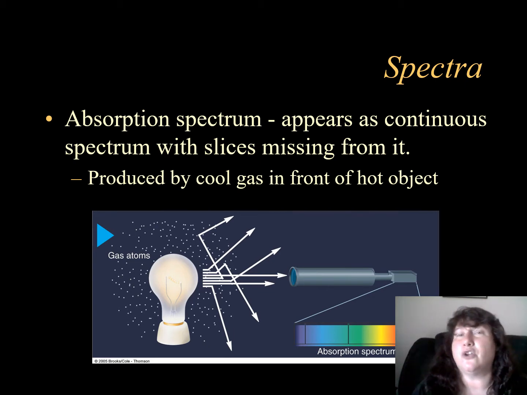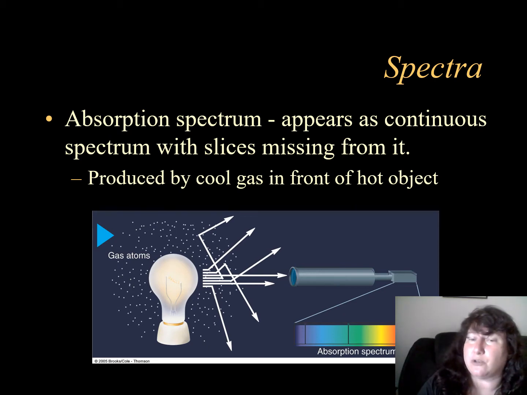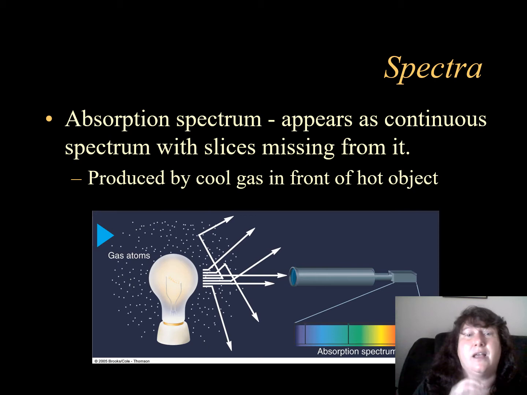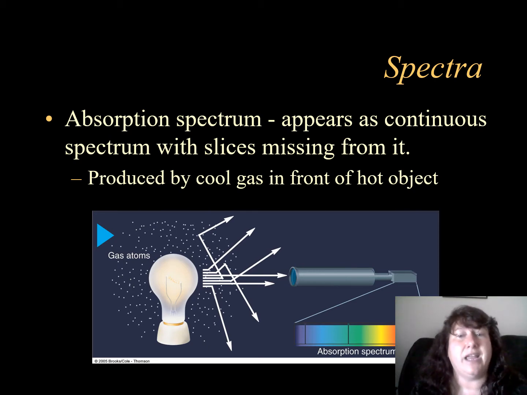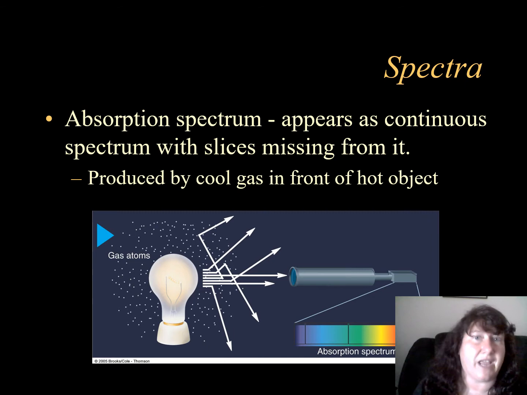Also notice that you're looking at the source dead on. We're not looking at the gas, which we did in the emission spectrum. Here we're looking at the hot luminous object and the gas in front of it. Notice that there are little black lines. Those lines of black indicate the chemical composition of the gas in front of the hot luminous object.